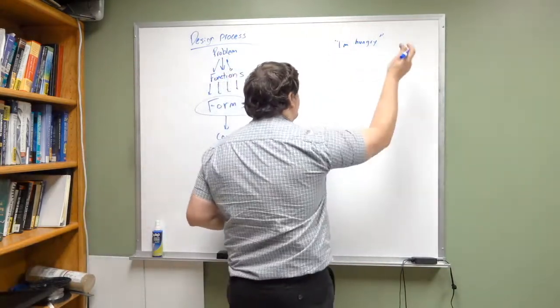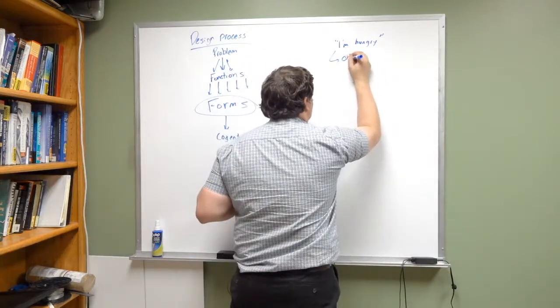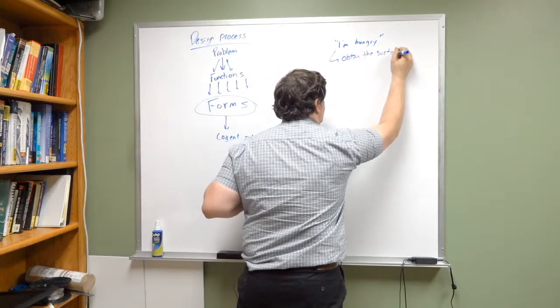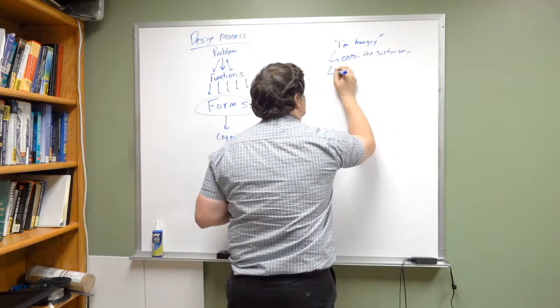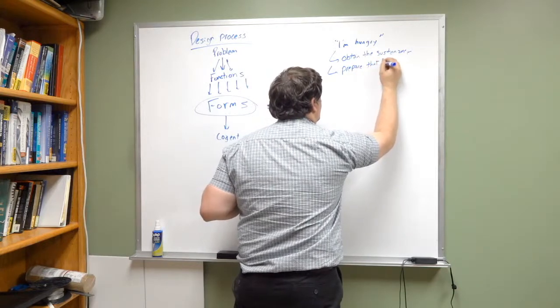So the functions required in order to solve this problem: I need to obtain the sustenance. I need to prepare that num-nums.